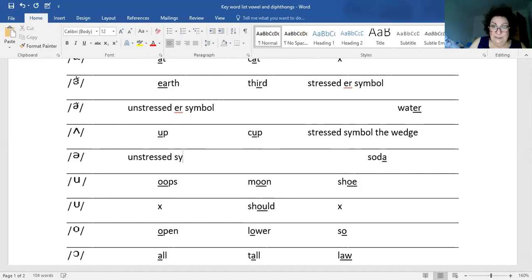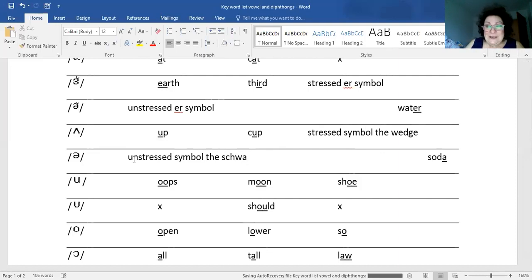symbol, and it actually has a name. It's called the schwa, because it's such an unstressed sound. It gets put in a lot of places, like in able, between B and L is a very unstressed sound, bull.